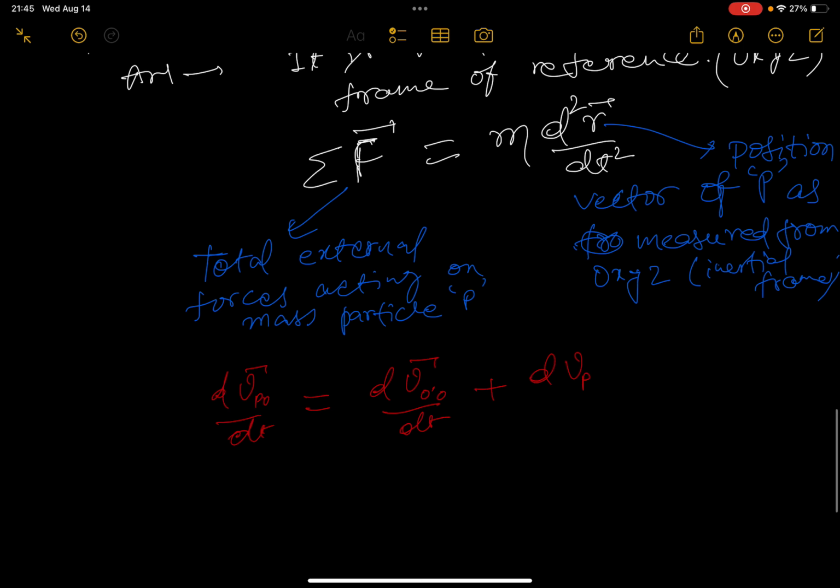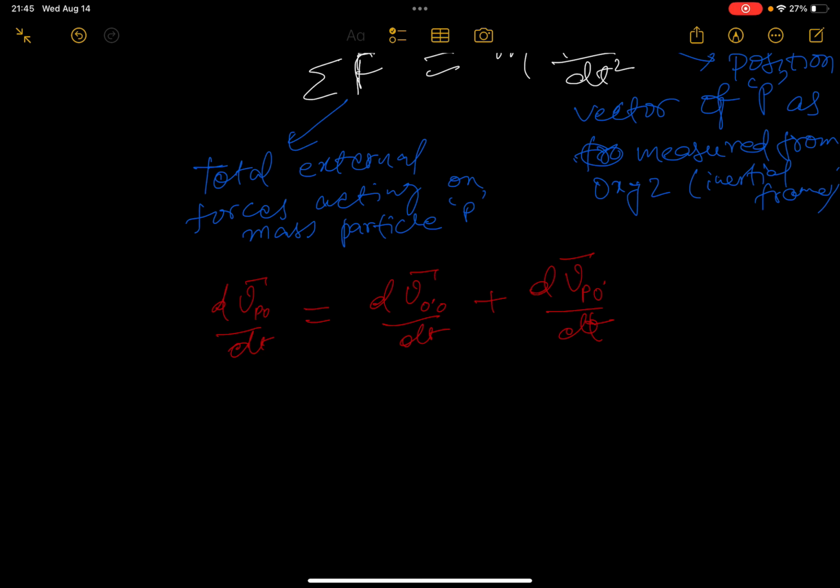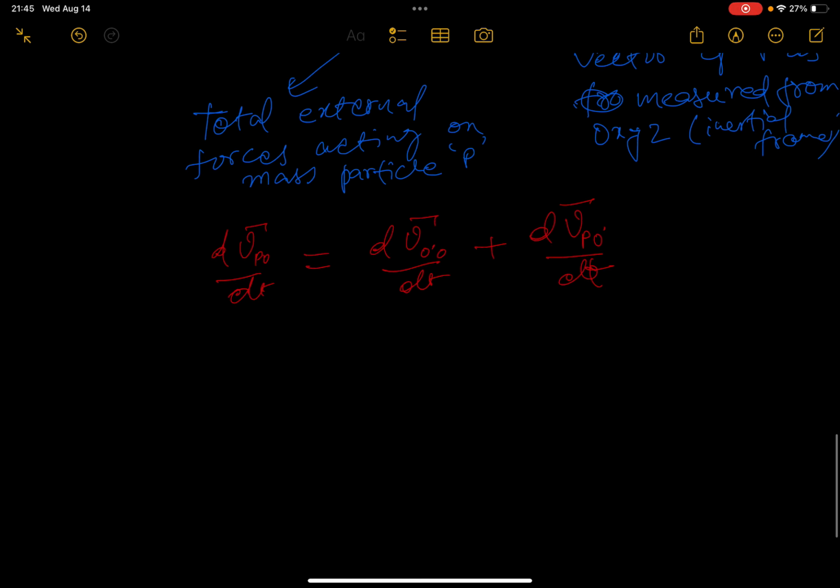This one is the relation between accelerations. This is the acceleration of P, APO, as observed from the inertial frame of reference Oxyz.